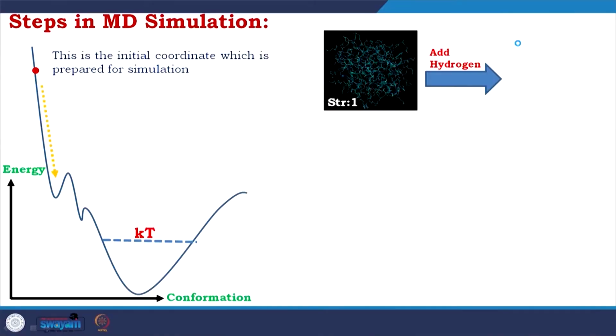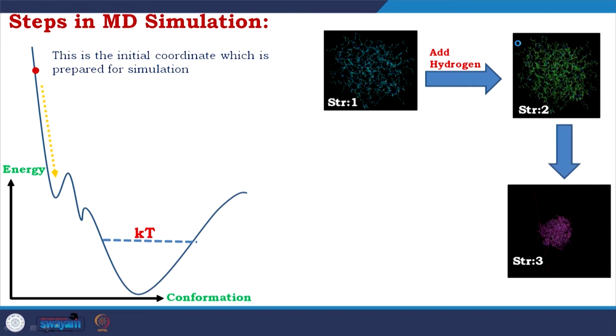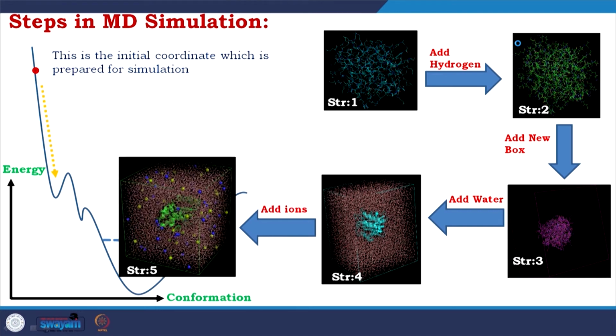What do you have to do? You have to do a lot of processes like adding hydrogen, coming to structure 2, then you have to develop a new box, then you have to solvate it, like add water, and finally you have to add ions. So, this is where we finished the last lecture.